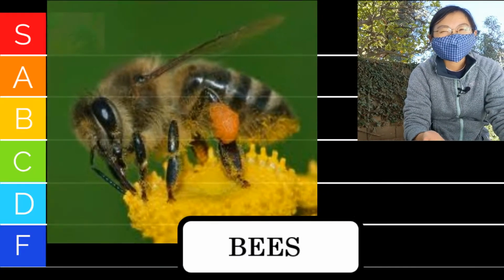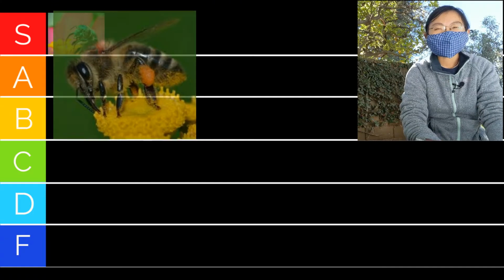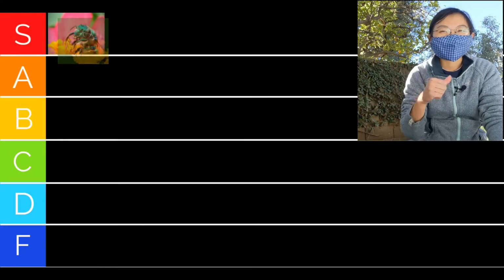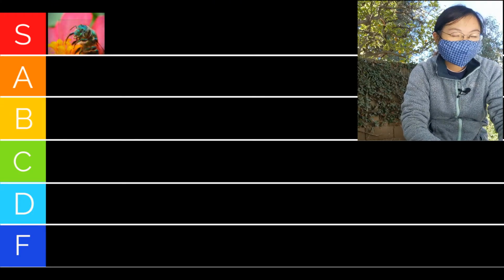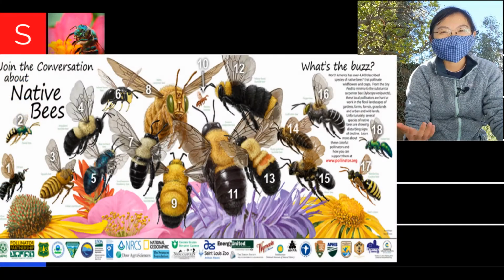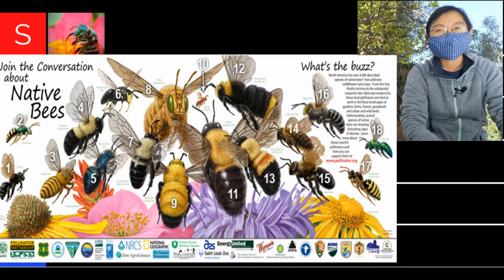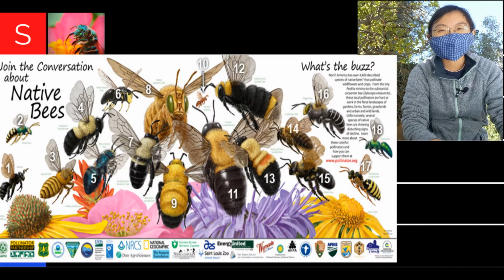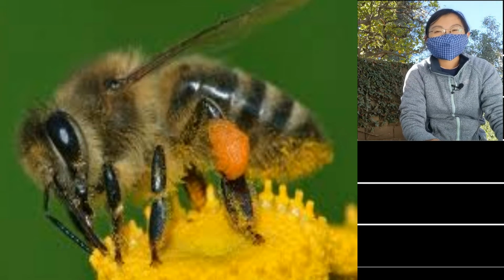So the first thing we're going to start with is bees. This I'm going to rank as the S tier insect. This kind of bee is usually thought of as the most beneficial insect in the garden, but there are over 1,500 different wild native bees that exist in California that are also super beneficial and help pollinate in your garden. They usually have more rounded body compared to, say, a wasp.